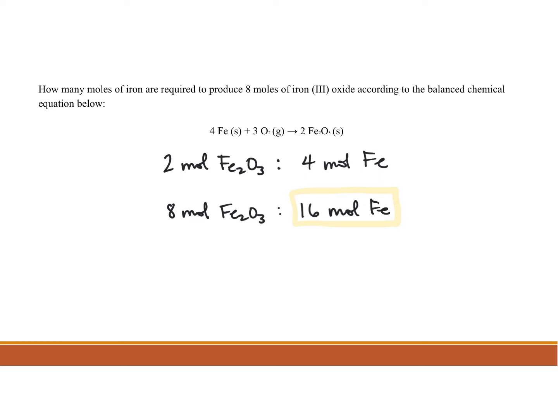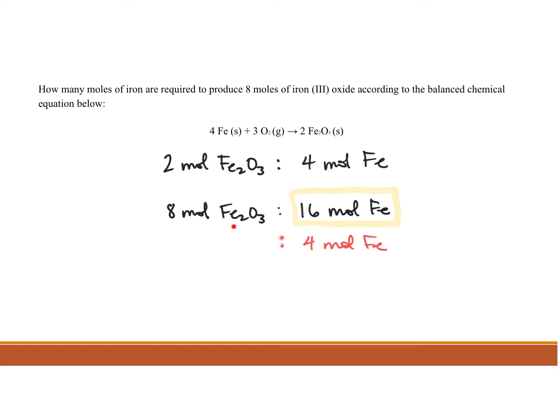Now, if you made a mistake, for example, if you multiplied by 1/2 instead, so divided by 2, and you got 4 moles Fe, that wouldn't make any sense, because here you have a 2 to 4 ratio, implying there's more Fe than Fe2O3 in terms of moles.